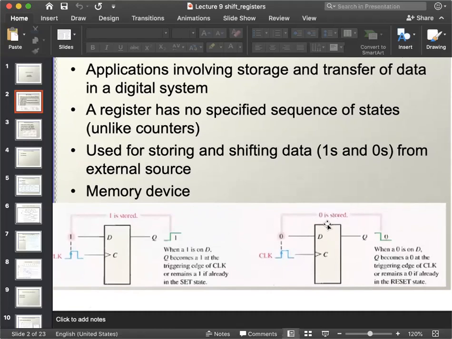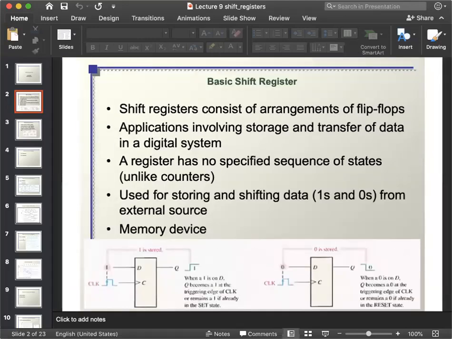And if you want to store 0, you put a clock cycle and put 0 as input, and for the output you can see that if it is 0 it will be down from that particular level. If you get 1, it will be up from the particular level, and if you get 0 then it will be down.